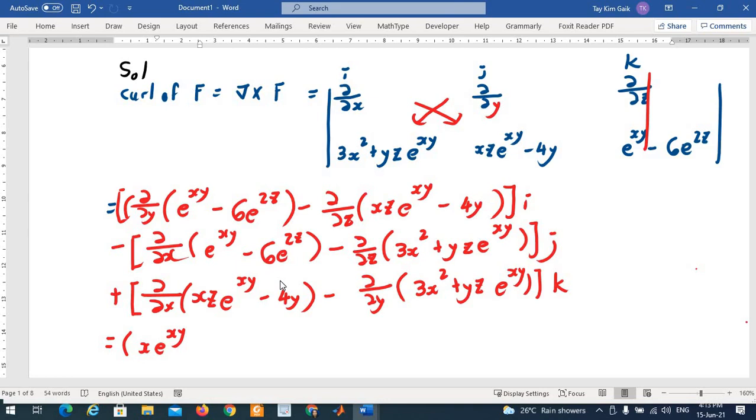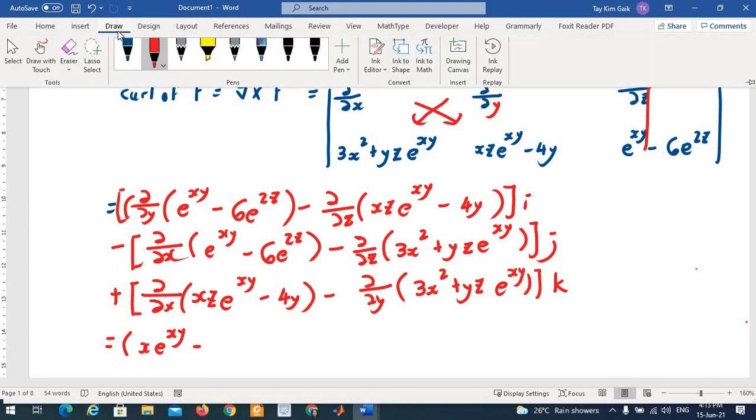Then minus del z of xz e^(xy). There is no need to use the product rule, because when you differentiate with respect to z, x is constant and e^(xy) is also constant.